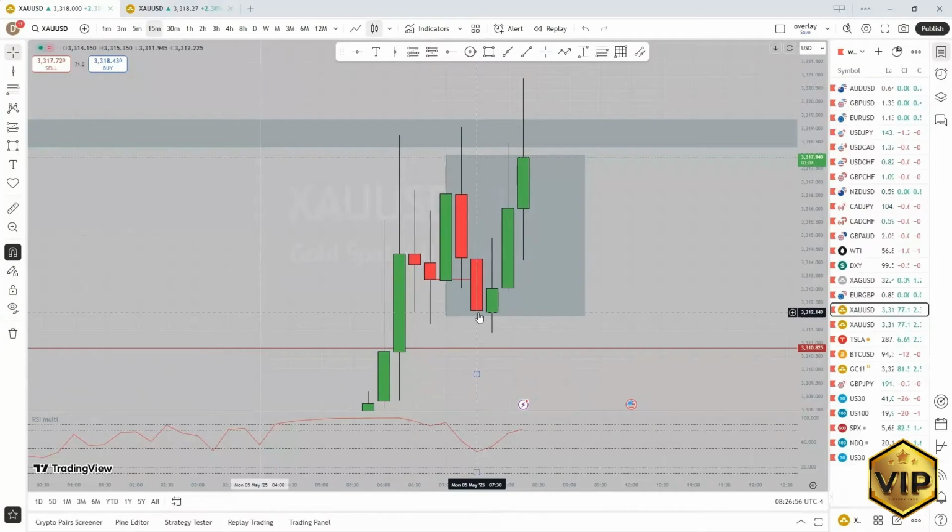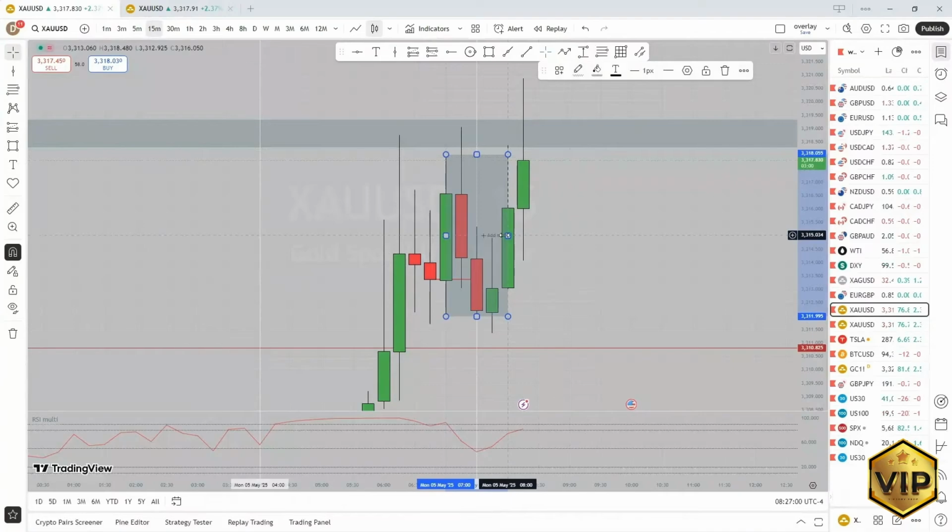A candle's got to close below that. That's another thing that's a bit more advanced. That's something that confirms the breakout for me or not. This is what I tend to look for mainly, an EG breakout.